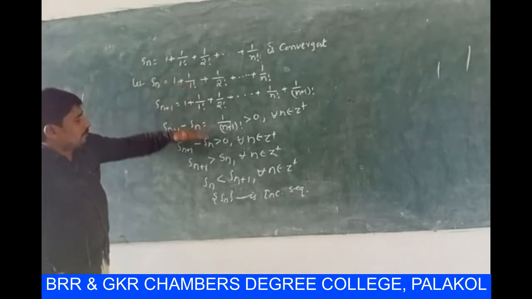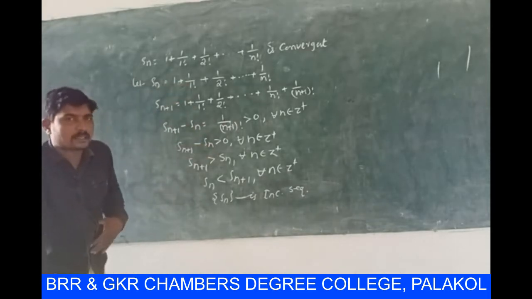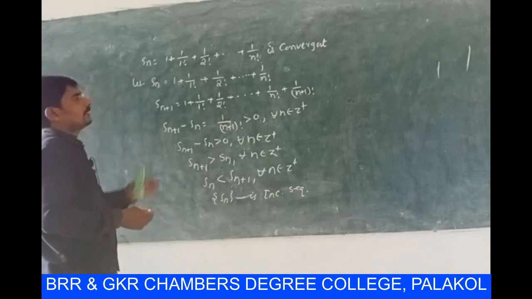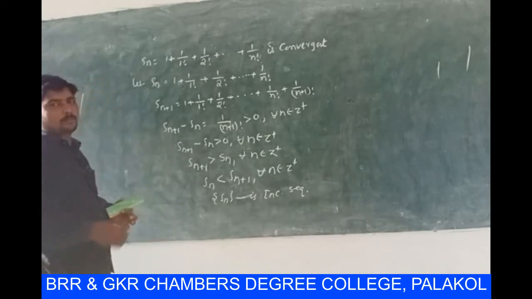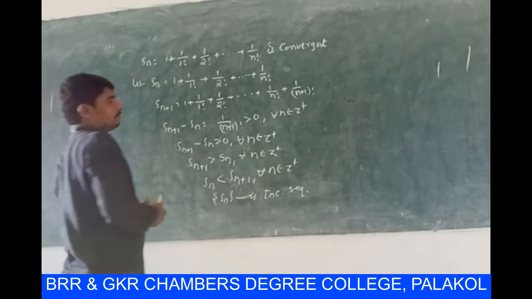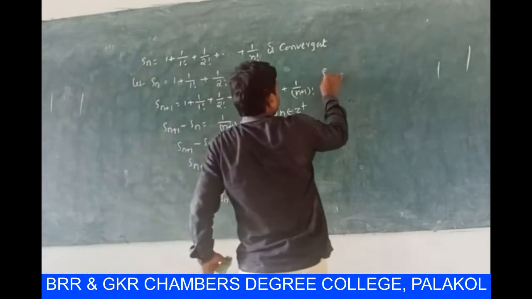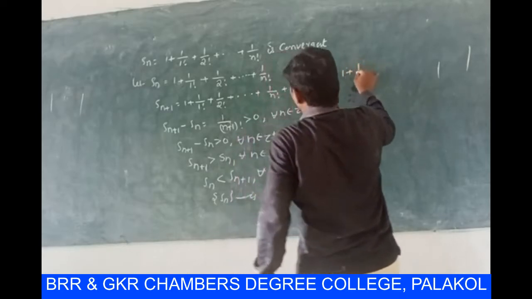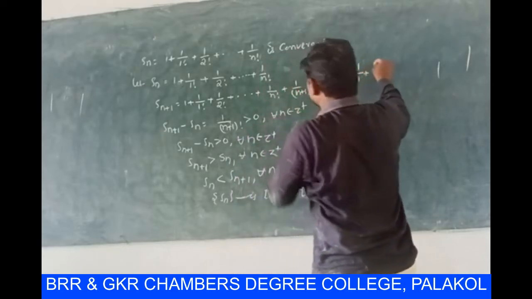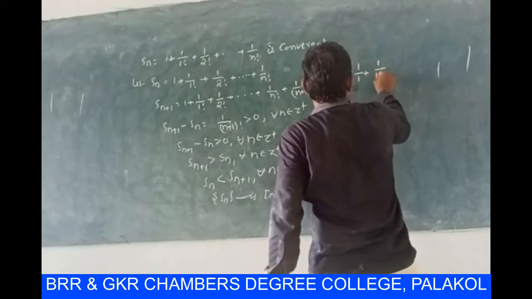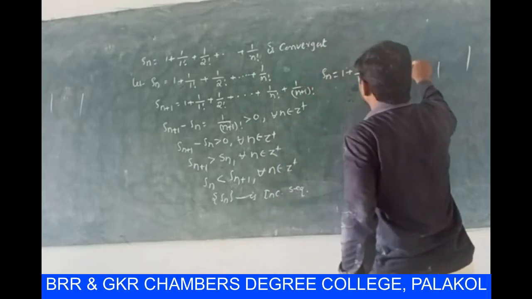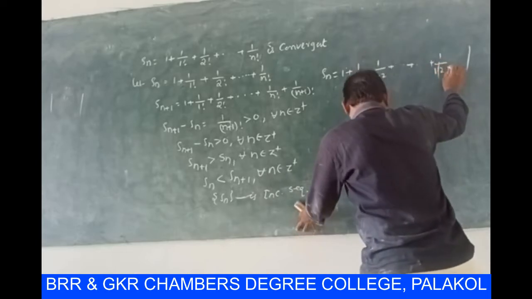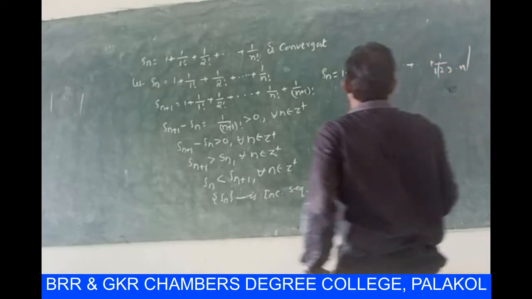Now we have verified that the sequence is increasing. Next we check whether it is bounded below or bounded above. To verify that, consider Sn. Sn is equal to 1 plus 1 by 1 plus 1 by 1 into 2 plus and so on plus 1 by 1 into 2 into 3 and so on up to n.